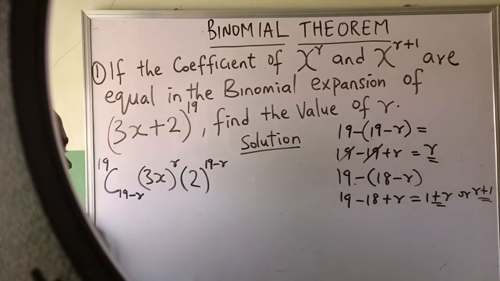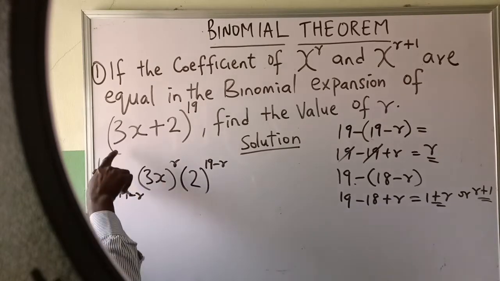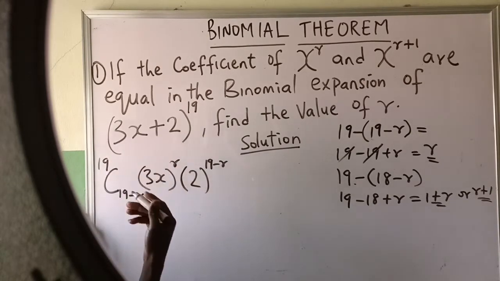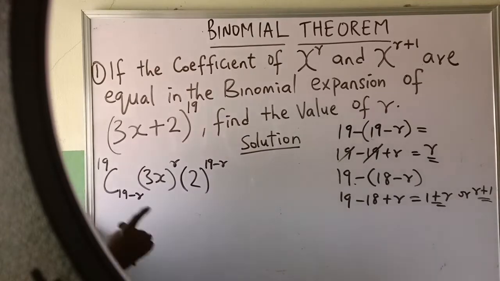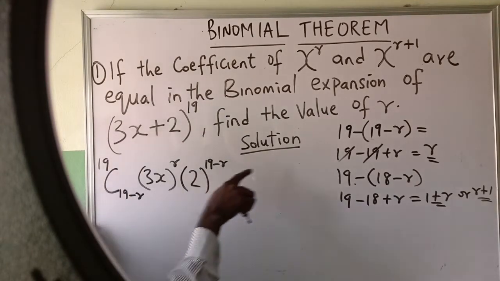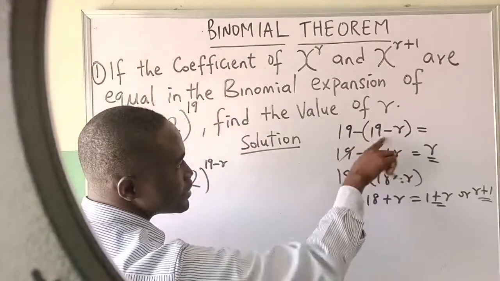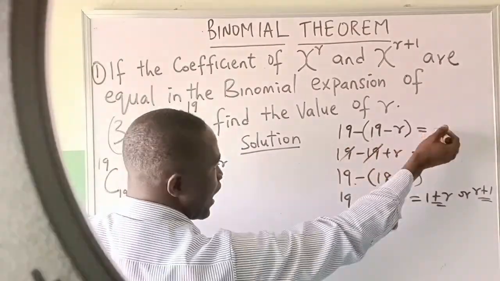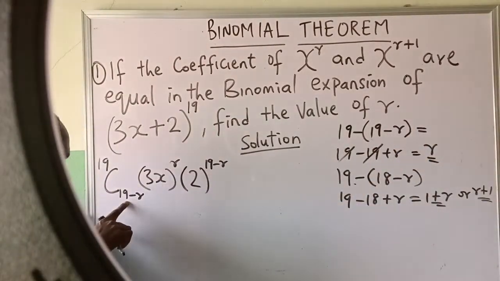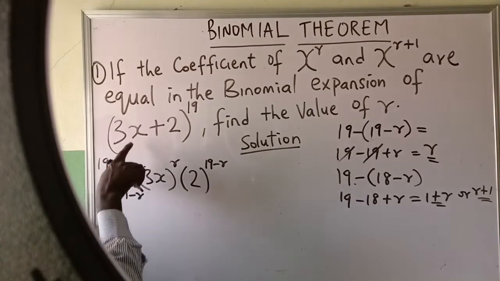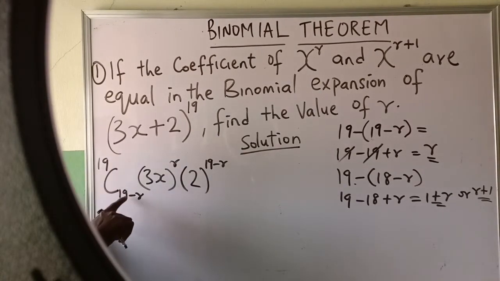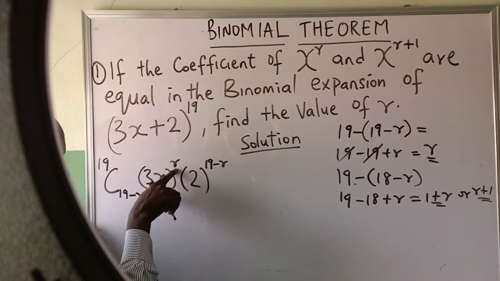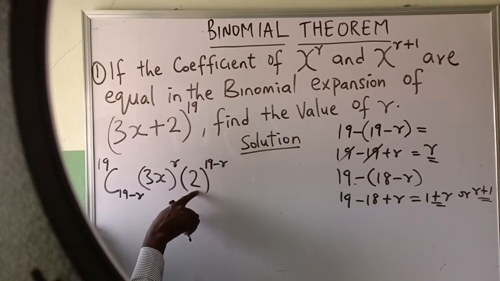That is to say, if you are to expand this using principles of combinations, what you do is you write 19 combination. We have gotten this because we said that this minus this will give you r. The rule says when you put the first term, this minus this gives you this, then write the second term.